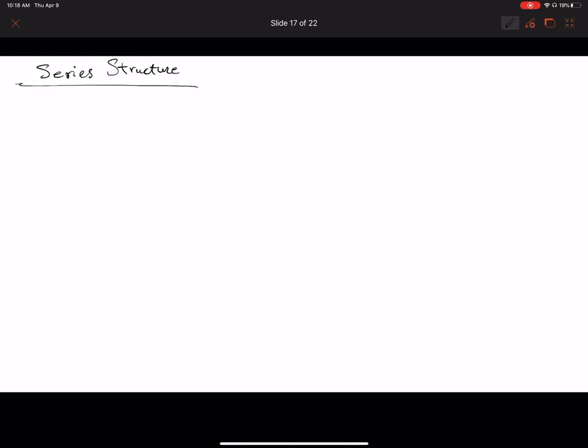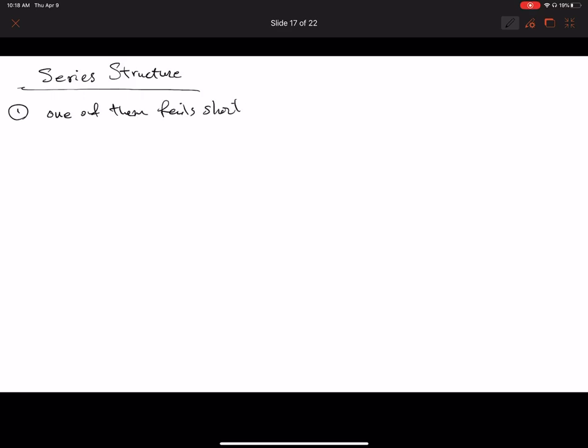So let's look at the circuit that has two switches in series. In the first case, one of the switches fails short. What does that mean? So you have two switches. We're going to put two switches here, one battery, one light bulb, another switch here.